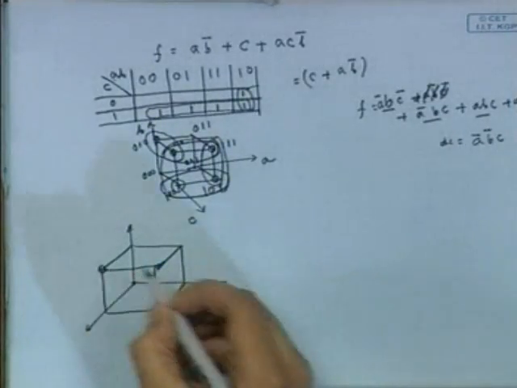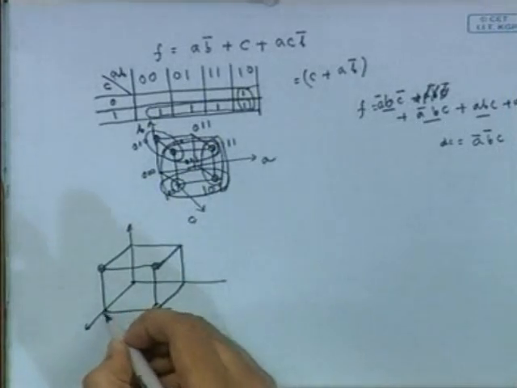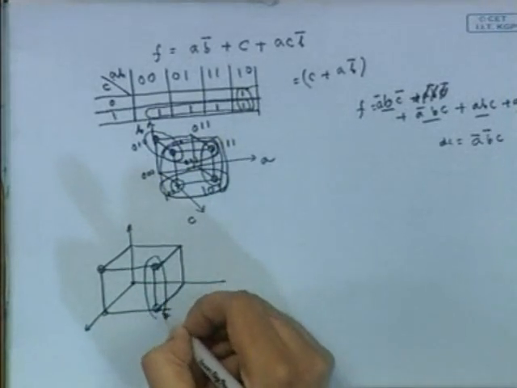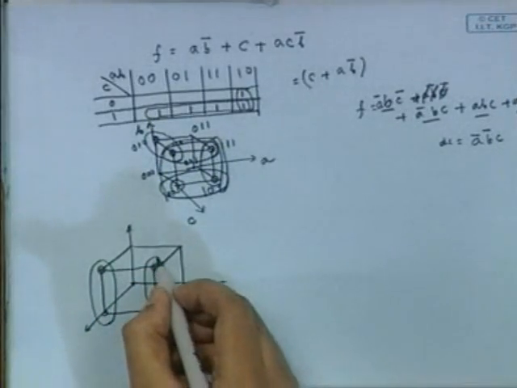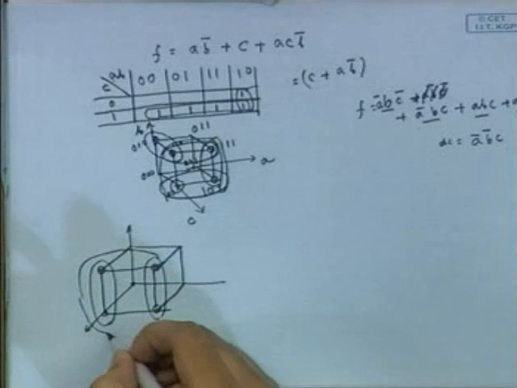Okay, suppose we first encircle this, then encircle this, then expand this to encircle the whole.